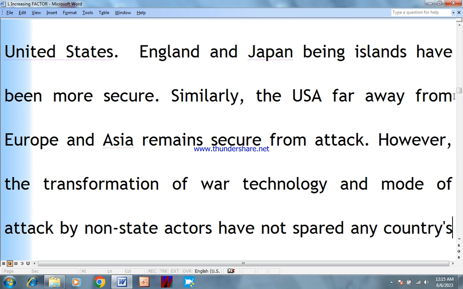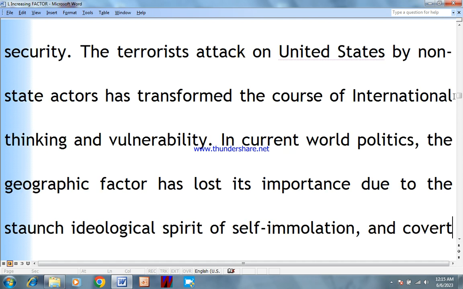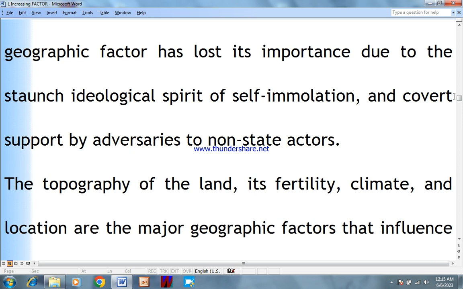However, the transformation of war technology and the mode of attack by non-state actors have not spared any country's security. The terrorist attack on the United States by non-state actors has transformed the course of international thinking and vulnerability. In current world politics, the geographic factor has lost its importance due to the staunch ideological spirit of self-immolation and covert support by adversaries to non-state actors.